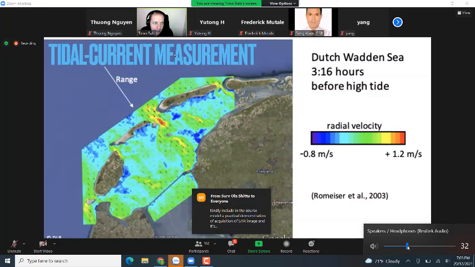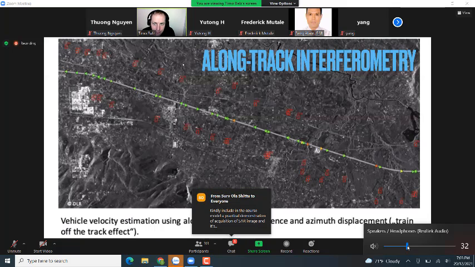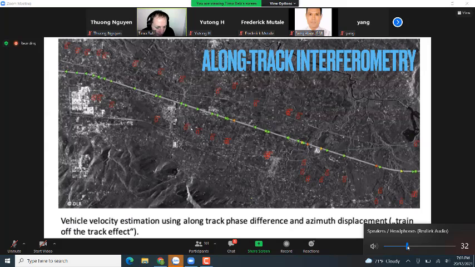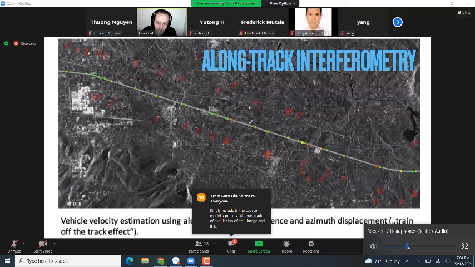Or another example is then on the cars, on the motion with along-track interferometry, on estimating here the motion of cars. So you can see, and I showed you that before, the example on bridges over water, right? I showed you that example with cars going over a bridge over water.